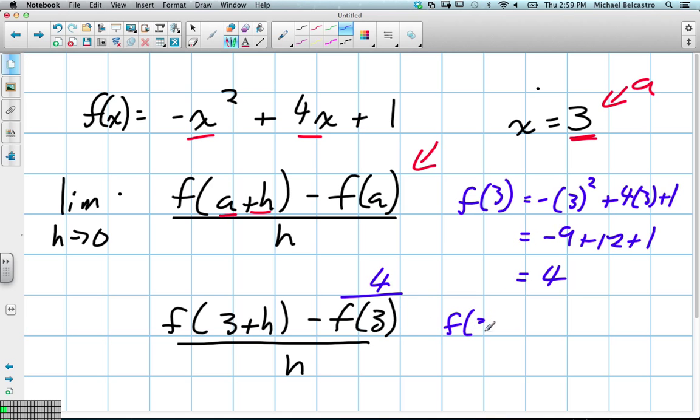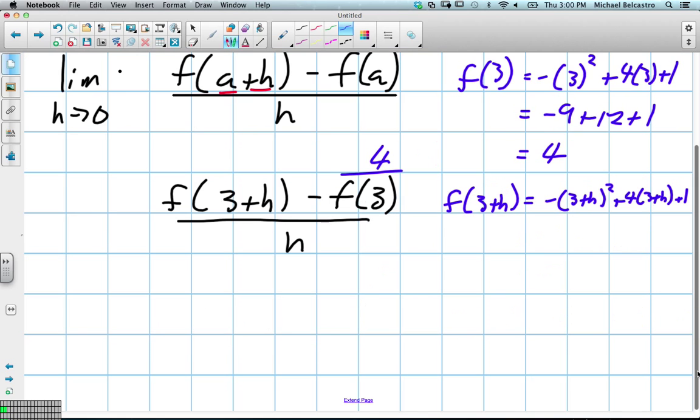It's a little more complex, if you guys remember from the other part. When we have f at 3 plus h, we end up at negative 3 plus h squared plus 4 times 3 plus h plus 1. When we go through it, we have 3 plus h times 3 plus h. Here we end up with 12 plus 4h plus 1.